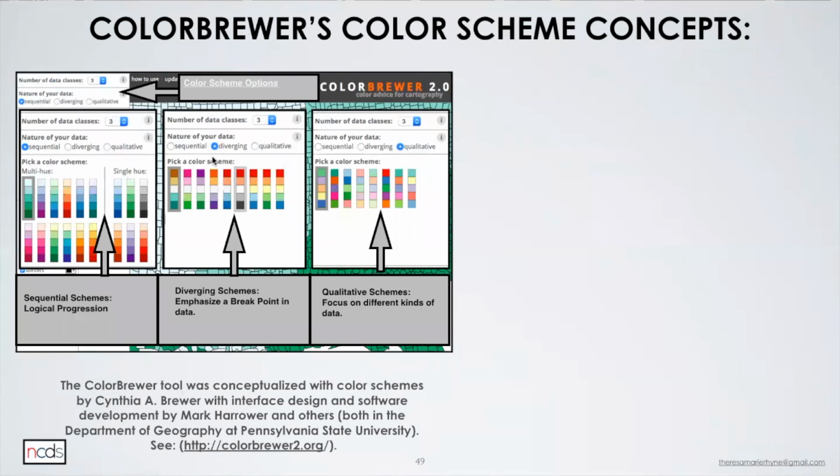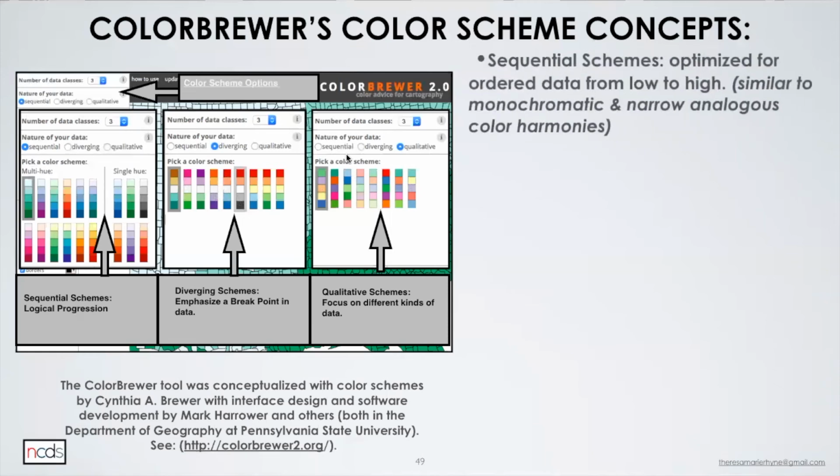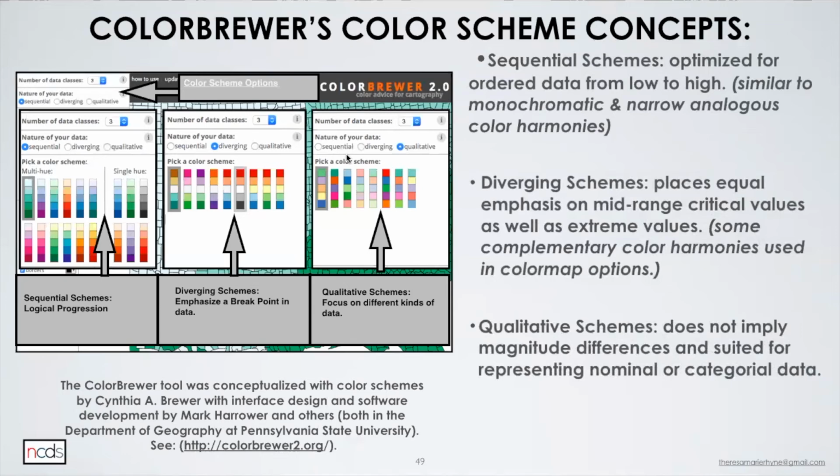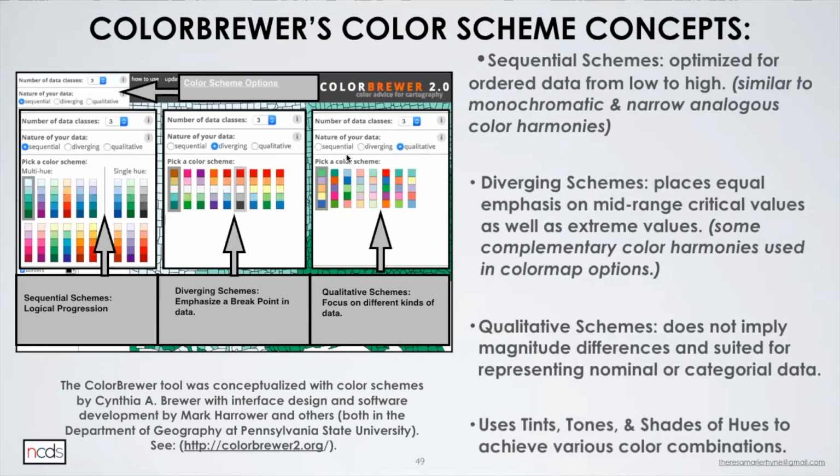Her classification system for diverging uses colors that are close to complementary, not pure, but some of these are close to complementary on the color wheel. And this is just across the board for her qualitative color schemes. So sequential is optimized for ordered data from low to high, diverging places equal value in the mid-range for extreme values, and qualitative does not apply magnitude differences.